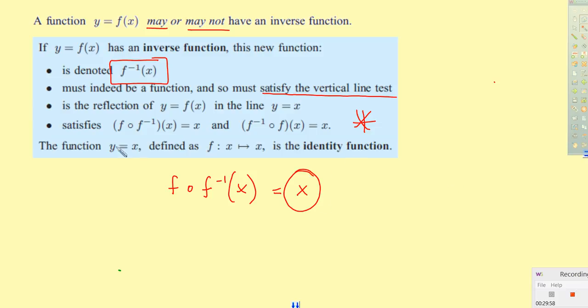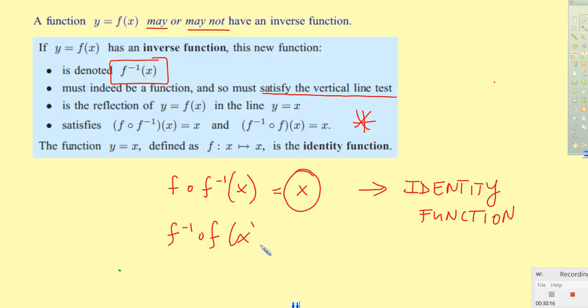Okay? And this is going to be called the identity function. So when f inverse of f, or when f of f inverse equals x, then that is called the identity function.